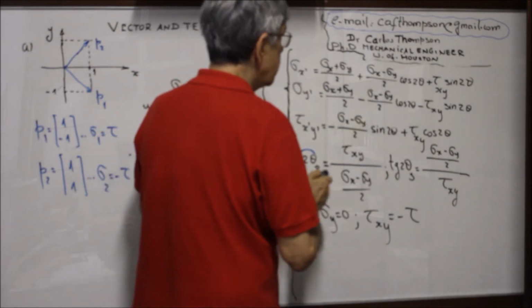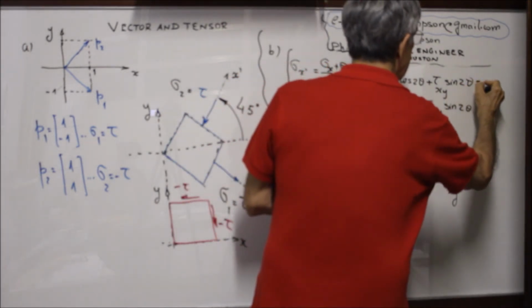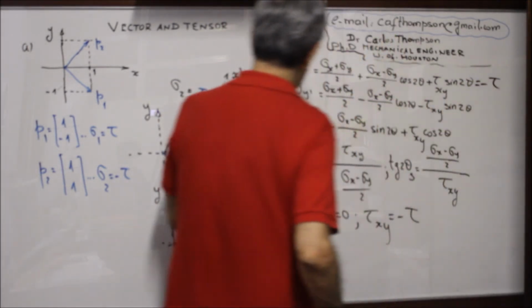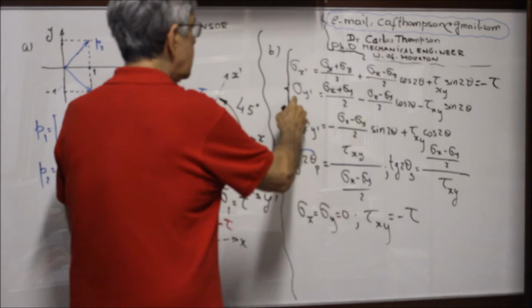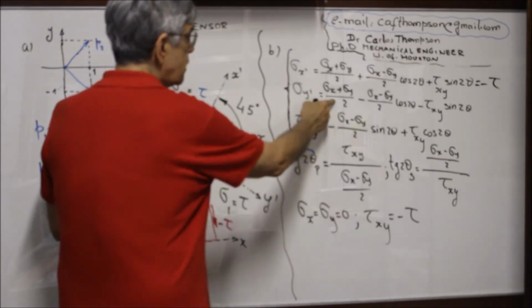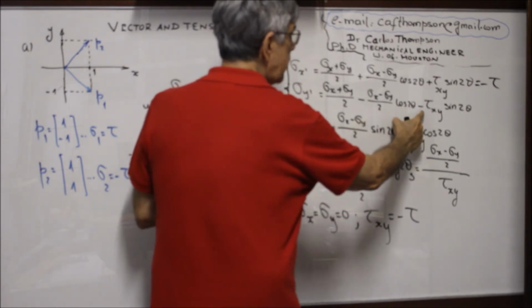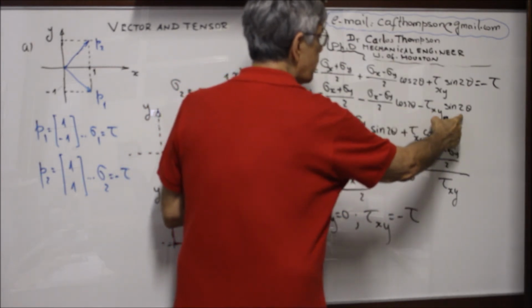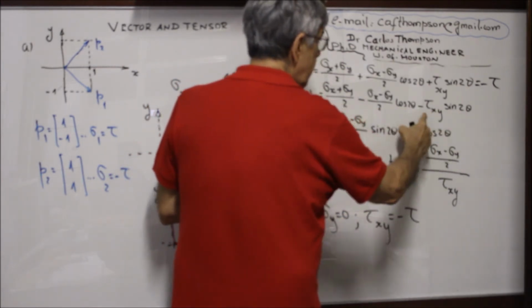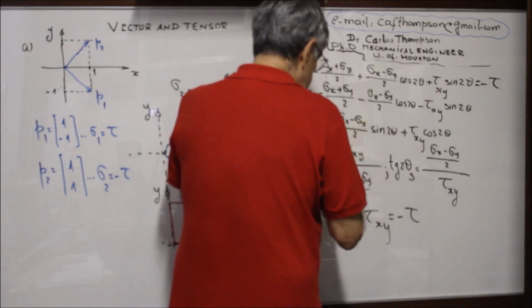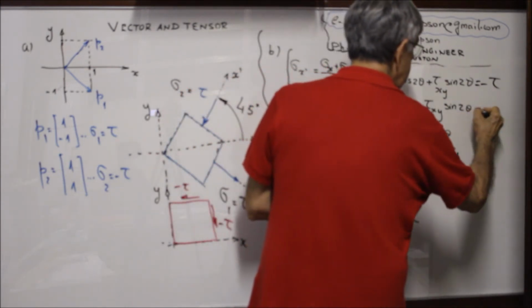Let's put here, you see? This is equal to minus tau. Now, sigma y prime. This is 0 because sigma x plus sigma y over 2 is 0. Now this is minus tau xy sine of 90 degrees, which is 1. This is minus minus, so this is plus tau.